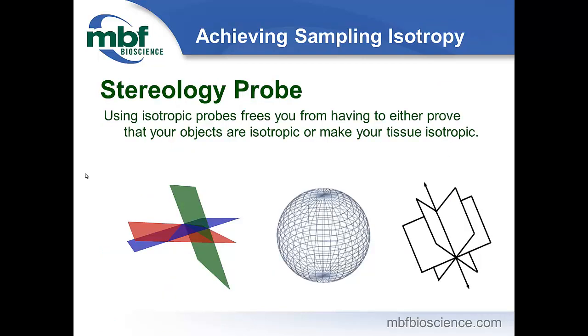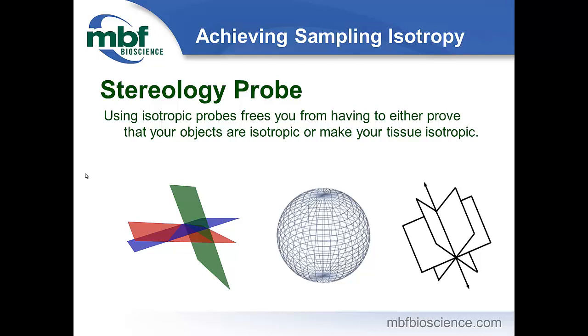So if you can't prove that the object you're looking for is isotropic, and you don't want to go through the trouble of doing the fancy sectioning like the vertical or the isotropic sectioning, then we have to make sure that we achieve isotropy using an isotropic probe.